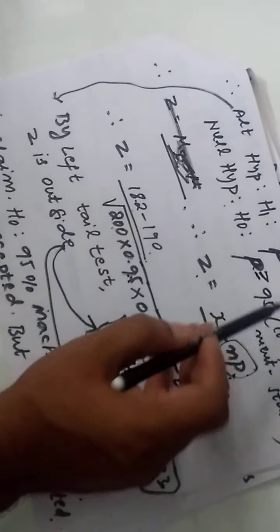Observe the alternative hypothesis. What is the alternative hypothesis? Less than 95. Less than 95 means the left side, so it is a left-side test. Only the left side means I have to make use of a one-tail test. In the left one-tail test, the limit is minus 1.645, and minus 2.6 is outside minus 1.645.